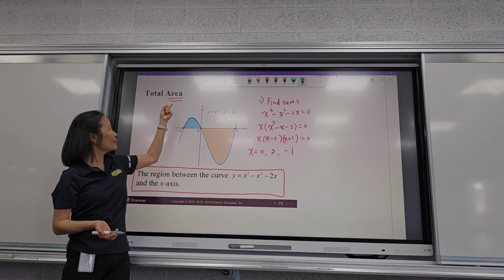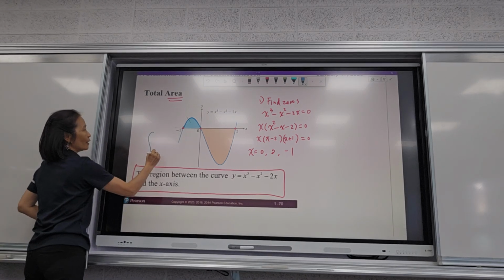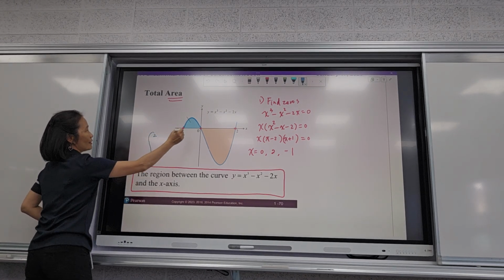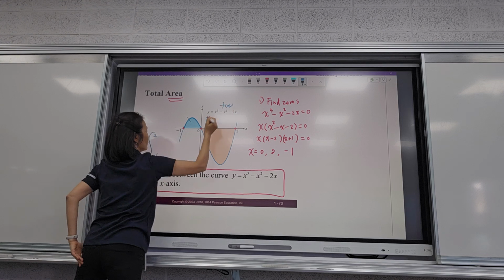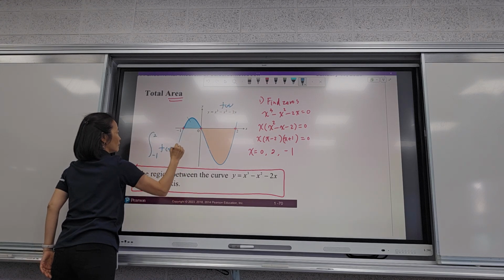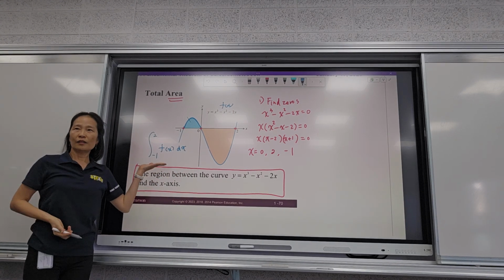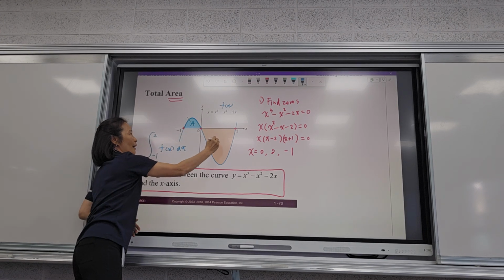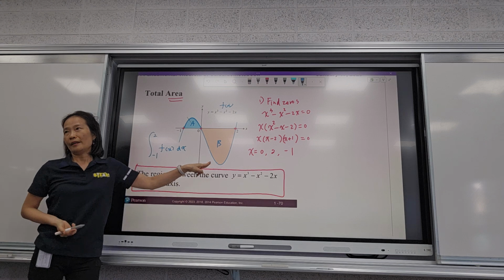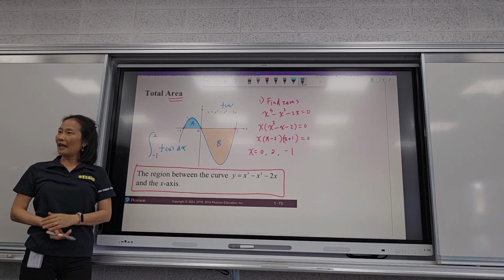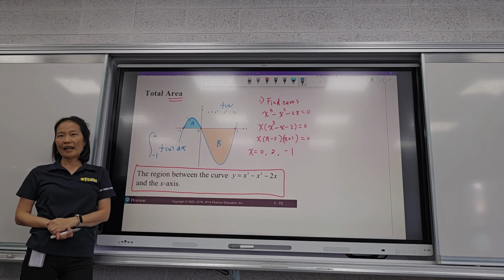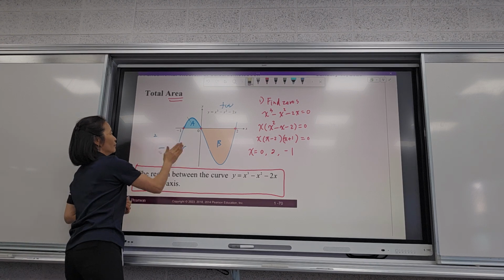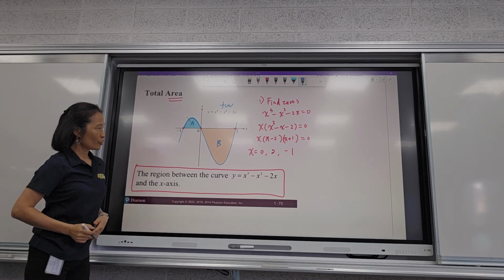So I cannot just say integral from negative 1 to 2, right? Let's say this is f of x. That will not give me the total area. It actually give me, this is A, this is B, A minus B. But I want A plus B, right? That's wrong.